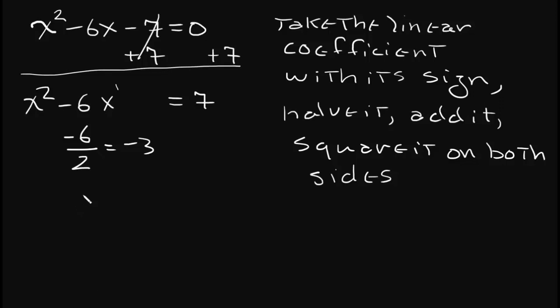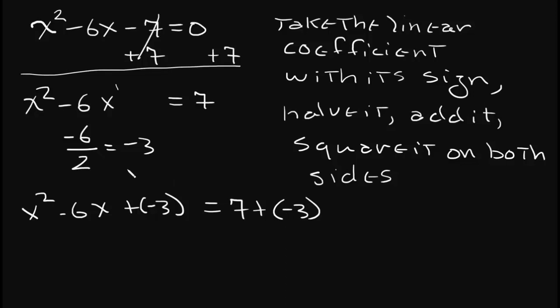Then we're going to add it. So we're going to have x squared minus 6x plus negative 3 is equal to 7 plus negative 3. And it's quite important that you put it in parentheses because we're going to be squaring it now. Putting it in parentheses makes it clear that when we square it, we're squaring the sign along with the number.